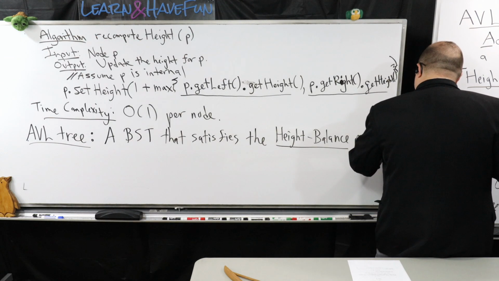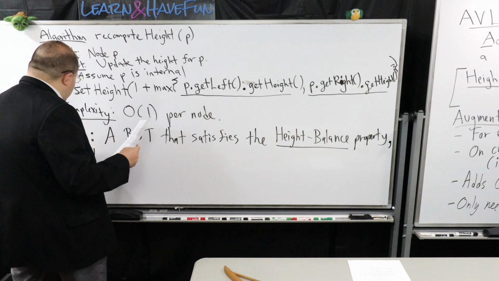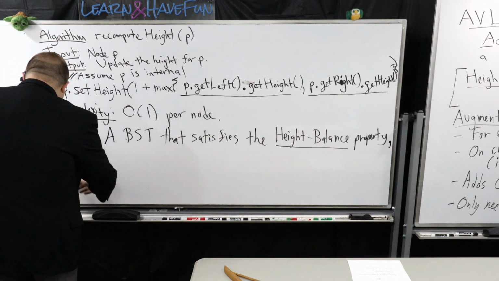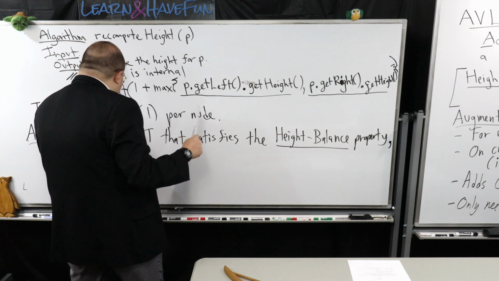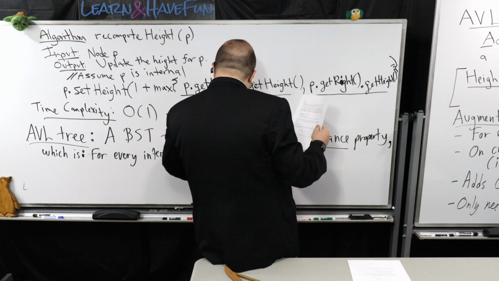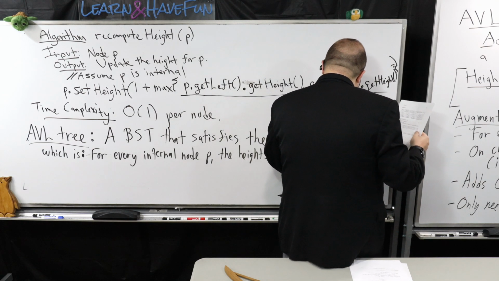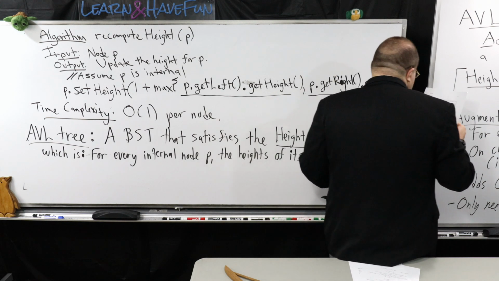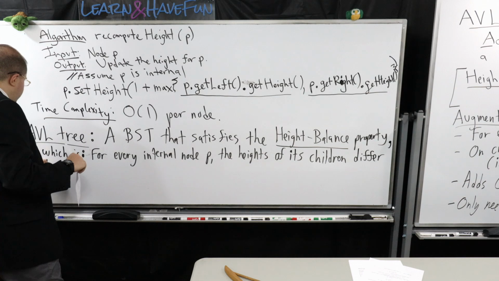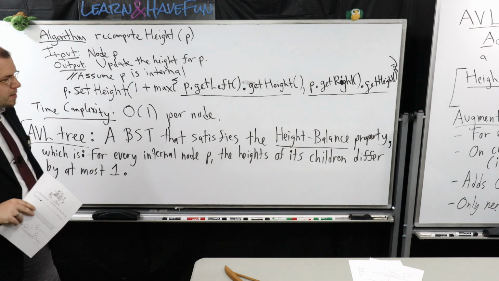Which is, for every internal node P, the heights of its children differ by at most one. So that's what the height balance property is.